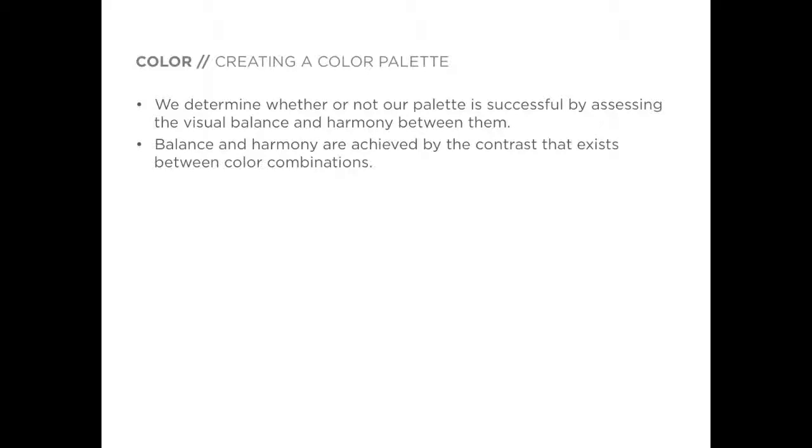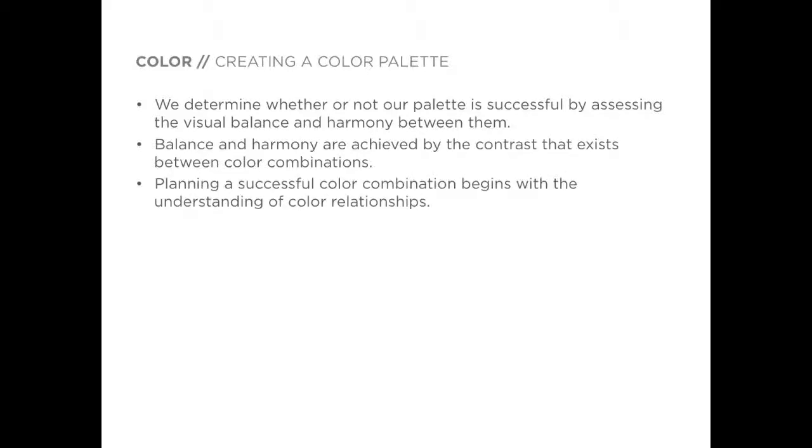Creating a color palette. We determine whether or not our palette is successful by assessing the visual balance and harmony between them. Balance and harmony are achieved by the contrast that exists between color coordinations and combinations. Planning a successful color combination begins with the understanding of color relationships.